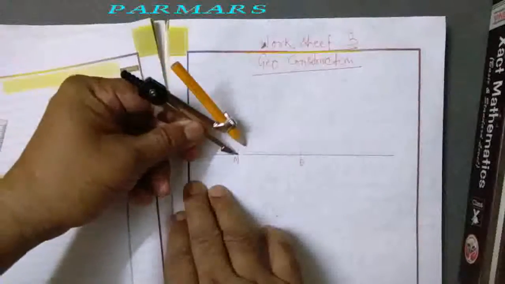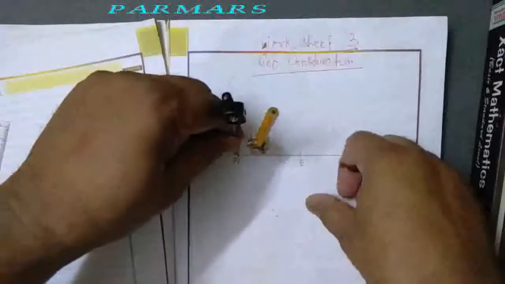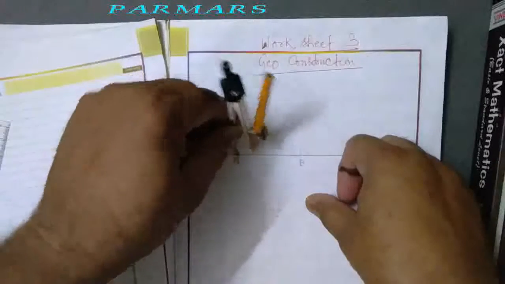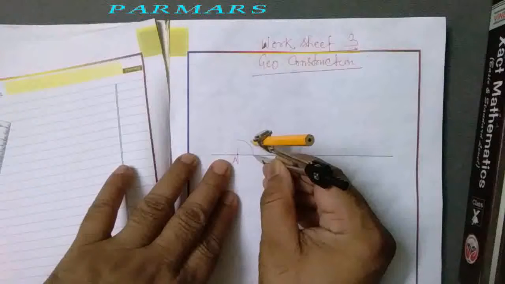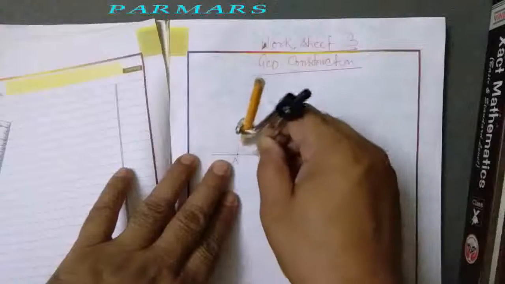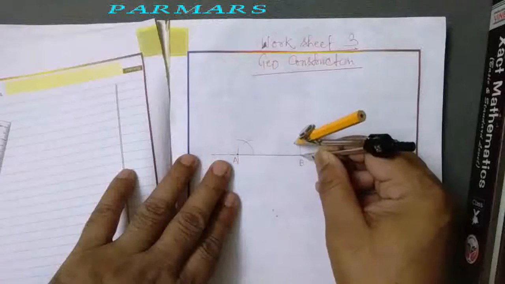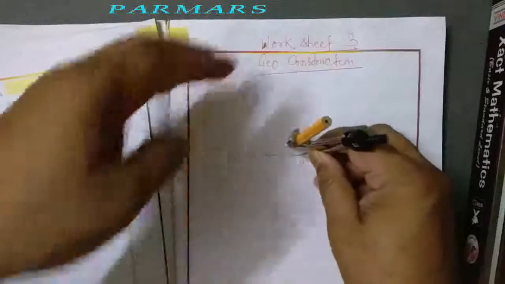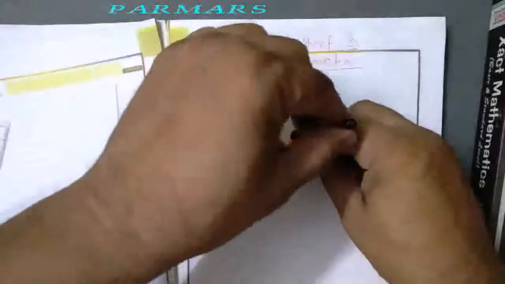So I am going to take this as 60 degrees, one arc, and with the same radius, the same for 60 at B also. First I placed it here at B, okay, and we have drawn the arc like this.